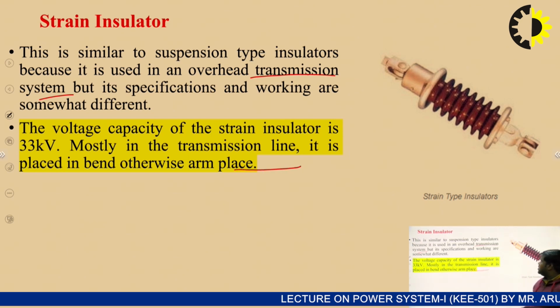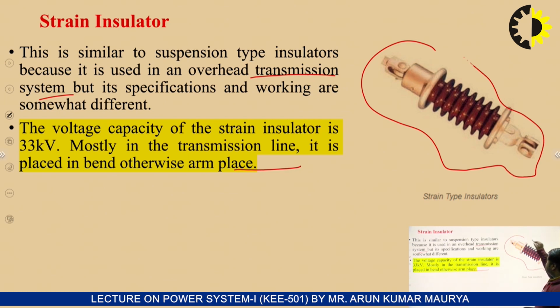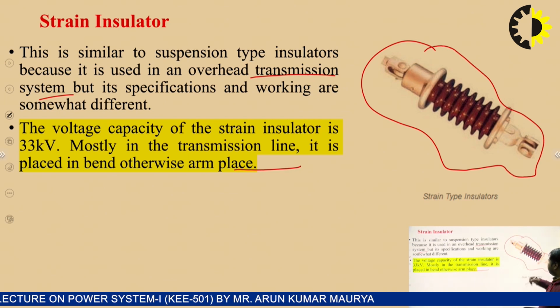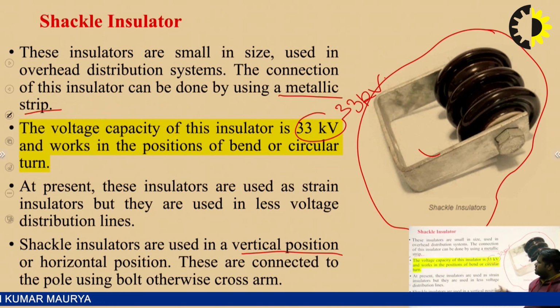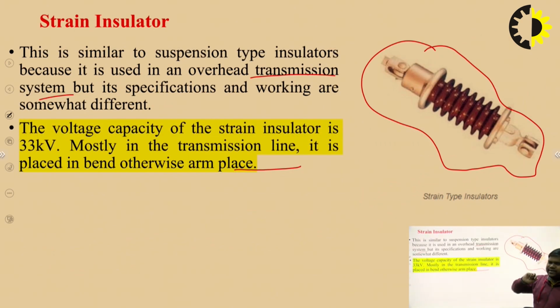This is the pictorial diagram of the strain insulator, and the voltage level is similar to the disc insulator, actually 33 kV. The strain insulator has a typical voltage rating of about 33 kV.